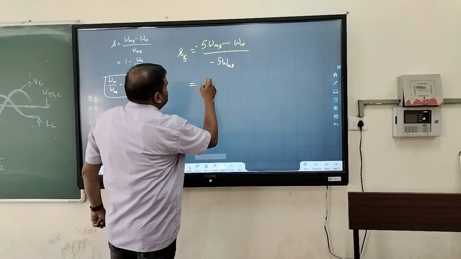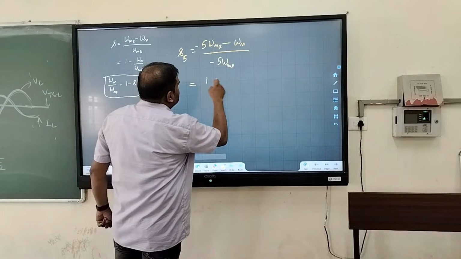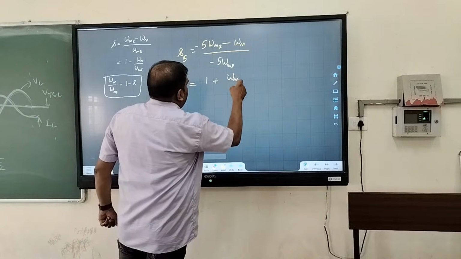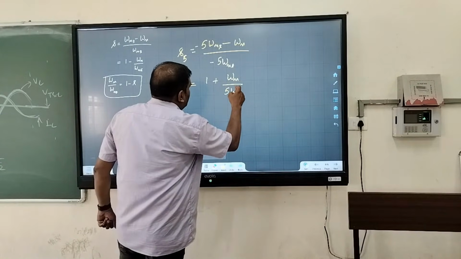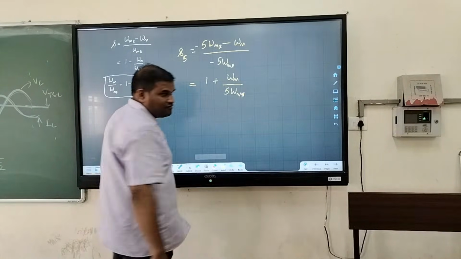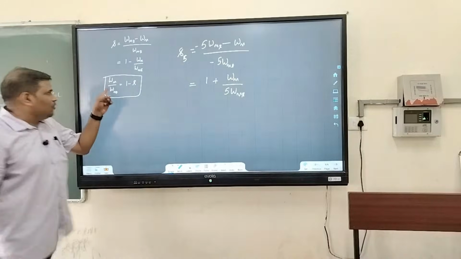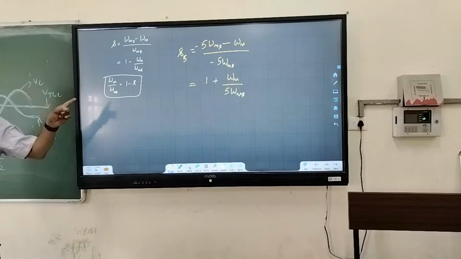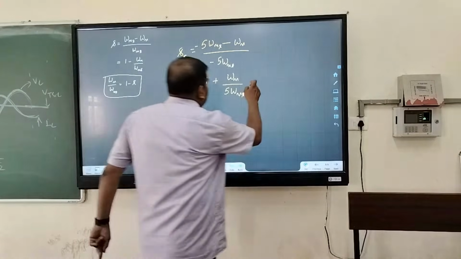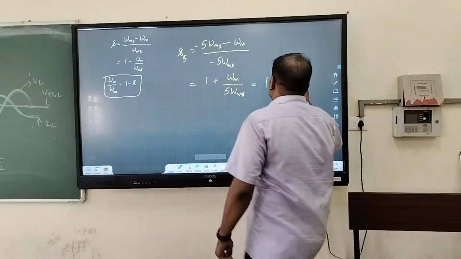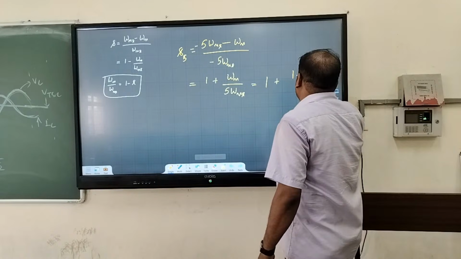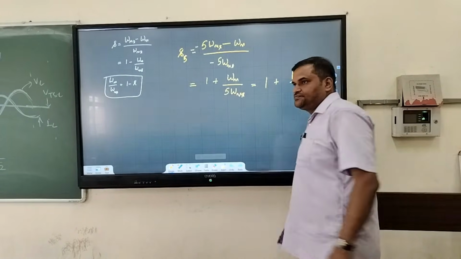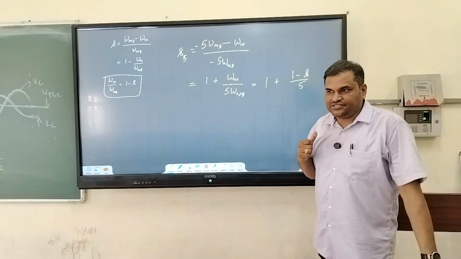Can we just shuffle this up? This can be written as 1 plus omega m by 5 omega ms. Is it right? What is the value of omega m by omega ms? It is 1 minus s. So we will say this is 1 plus 1 minus s divided by 5. Can we write like this?